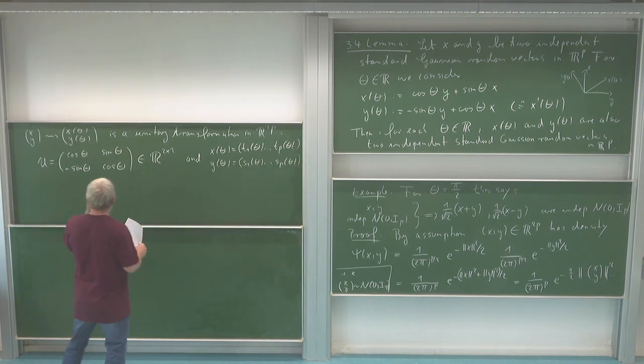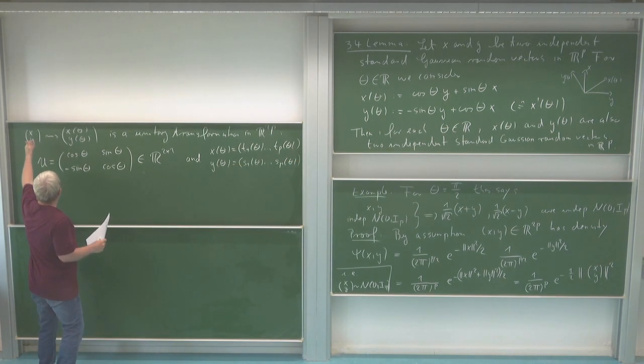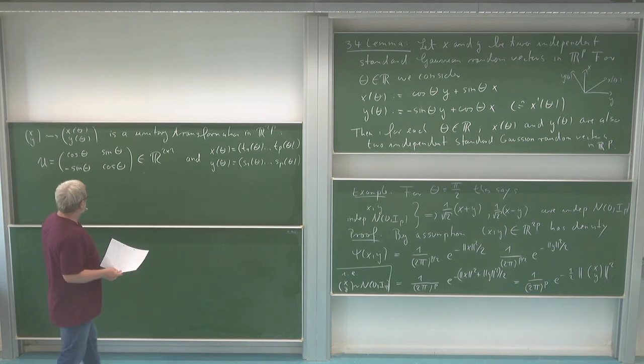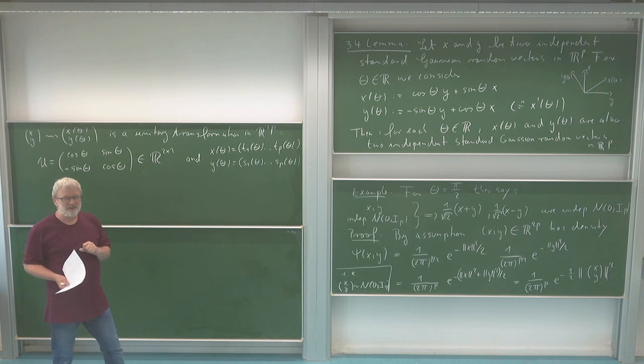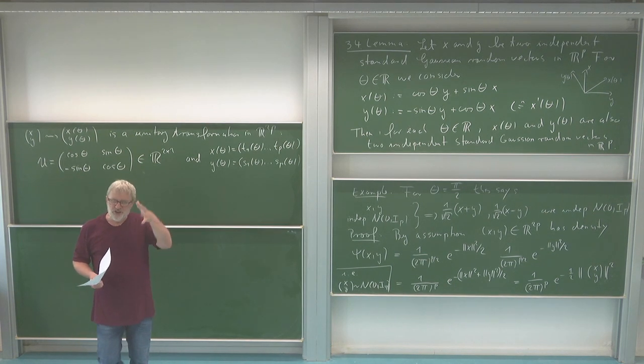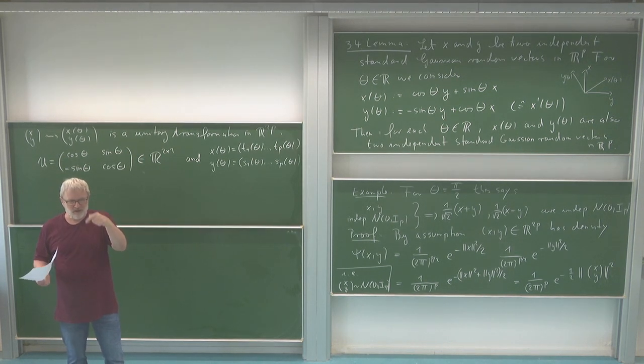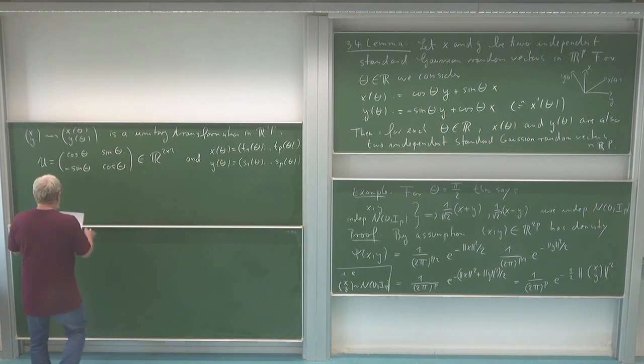This vector would be first all the t's and then all the s's, but in order to write it more nicely, I prefer to rearrange things so that I iterate. So first I took the first component of the x and the first component of the y, and then the second component of the x, and then the y.